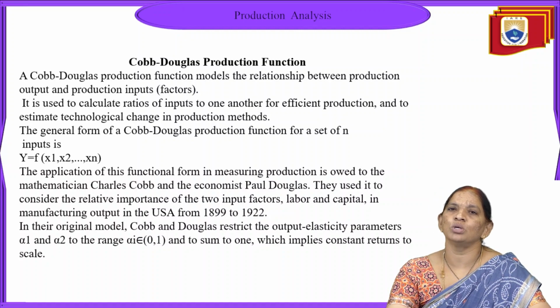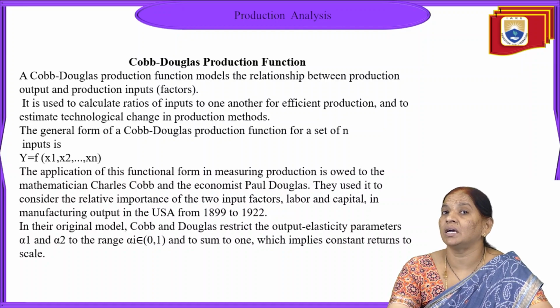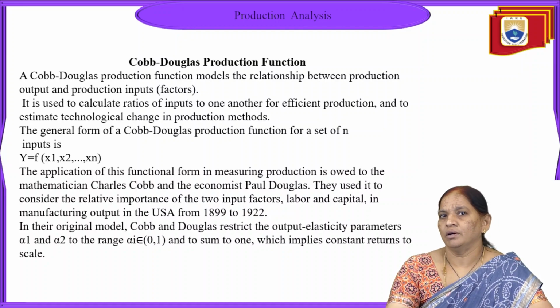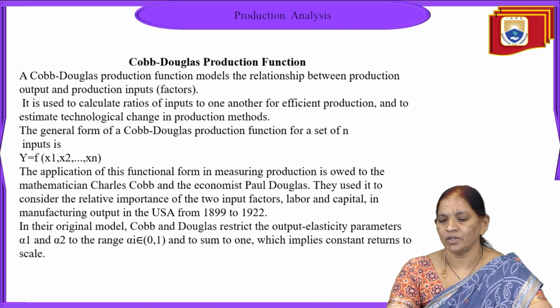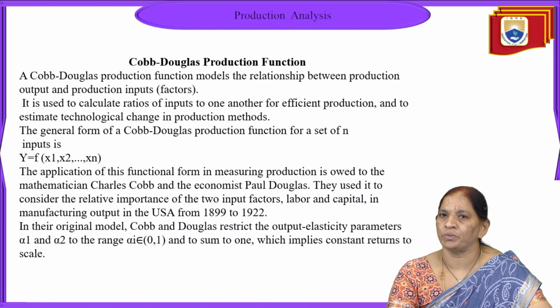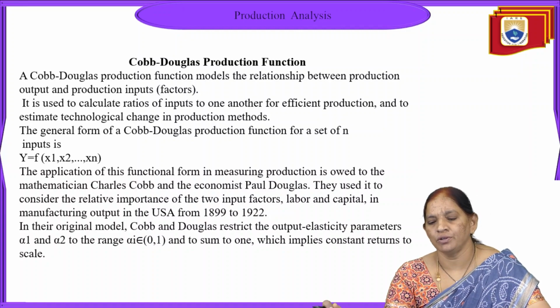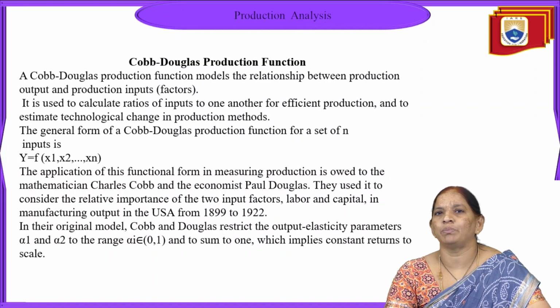Charles Cobb belongs to the mathematical category, giving the production function by giving the ingredients of the production. In the same way we have another person, Paul Douglas, who is an economist. These two people together gave us this production function on the utilization of labor and capital in manufacturing of output.